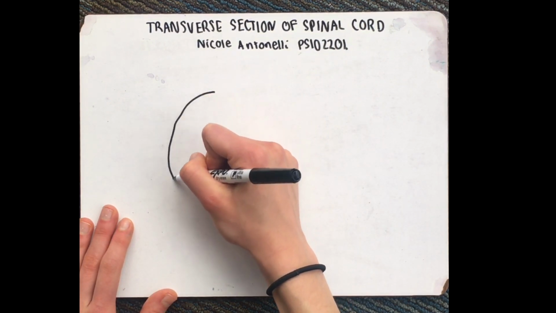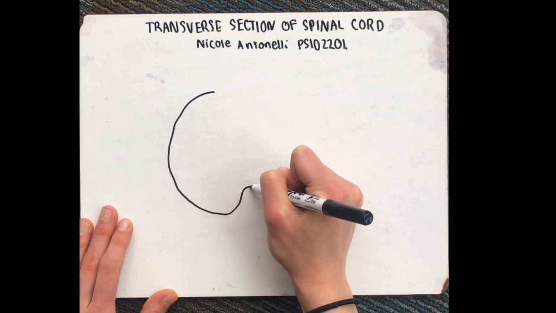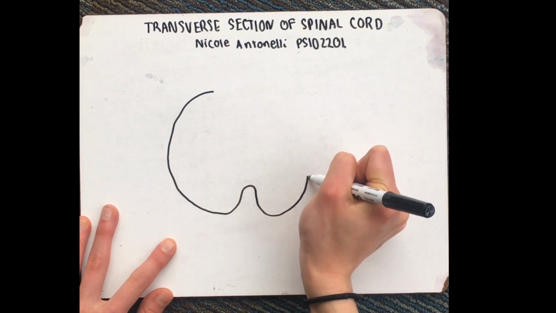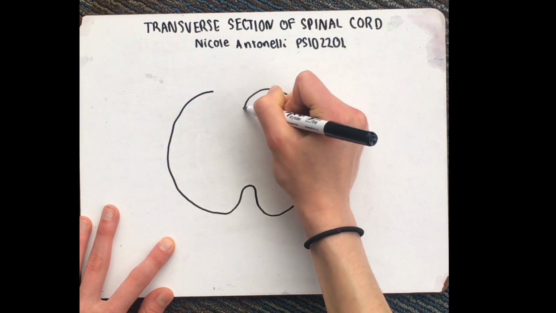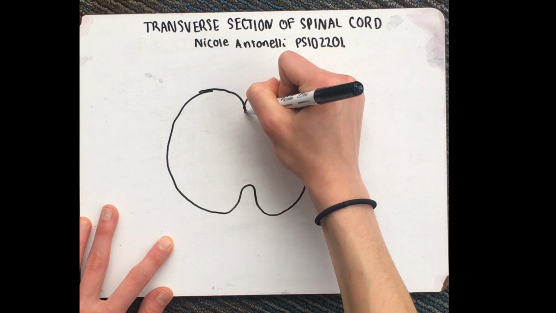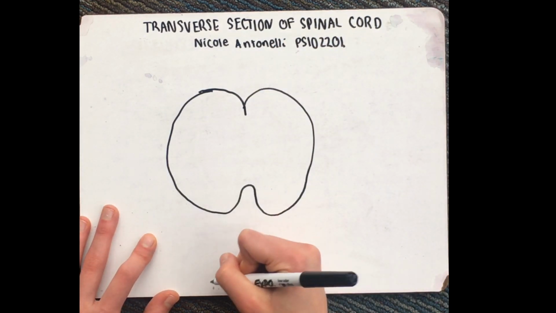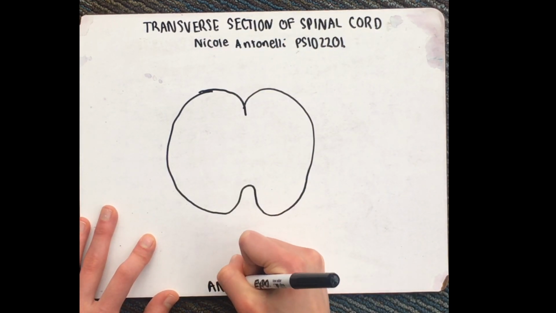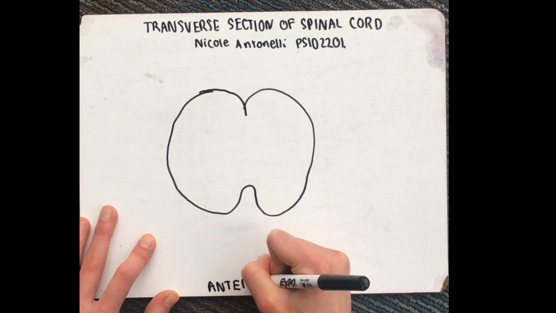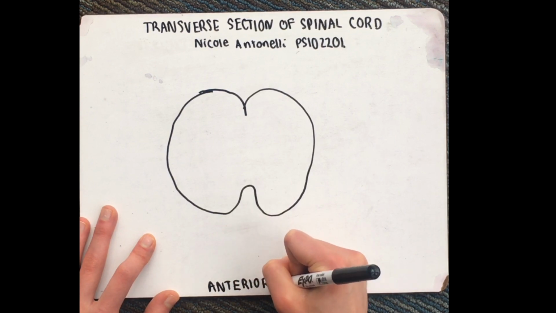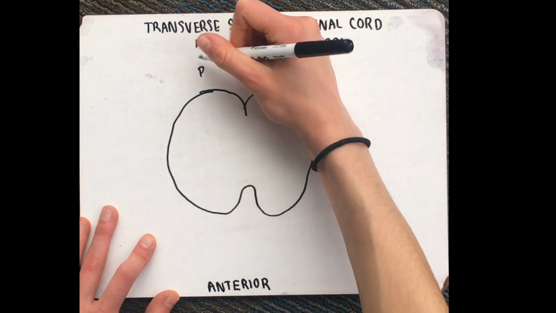So first I'm going to start out by drawing the main shape. This is the anterior side, and this is the posterior side.